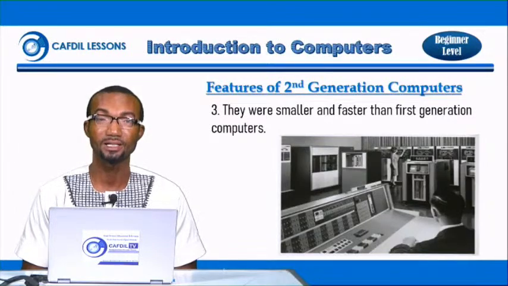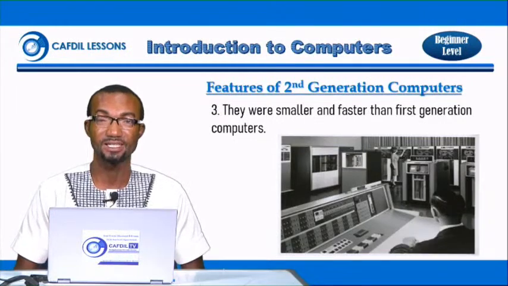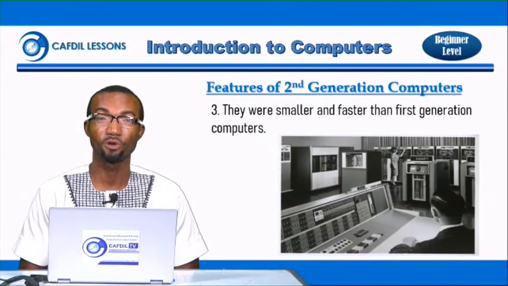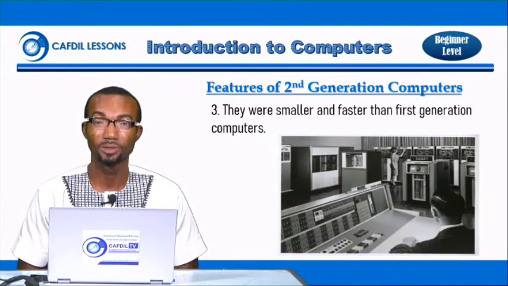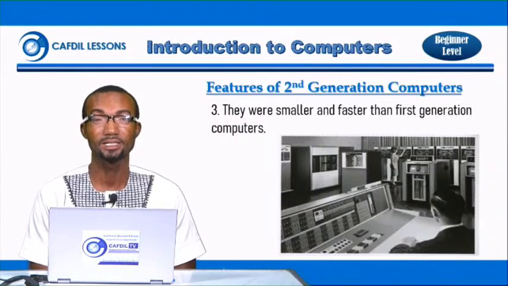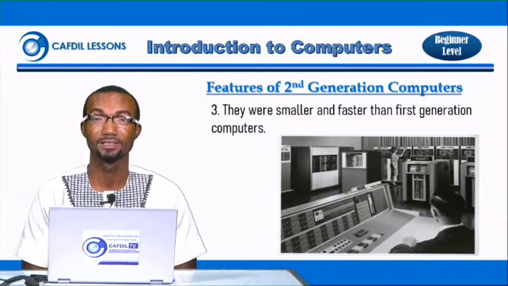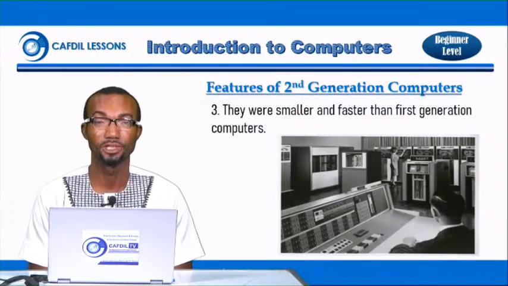And in ICT, that is what we call nanotechnology. We always reduce. If an ICT tool is reduced in size, and it can even perform more functions than the bigger one, we are talking about nanotechnology. So the second generation computers were smaller and faster than the first generation computers.